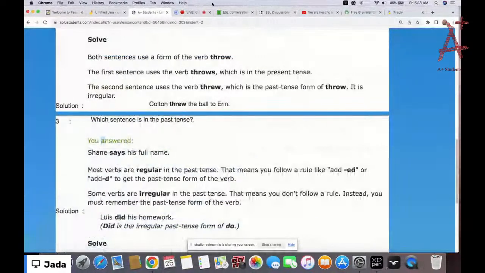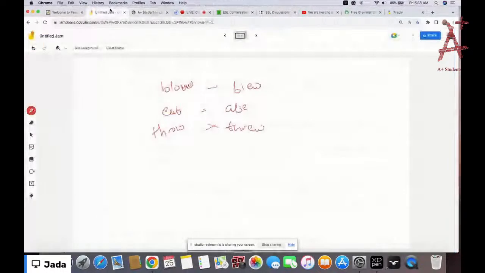Shane says his full name. So when you have says, it's going to be said. So says and said.